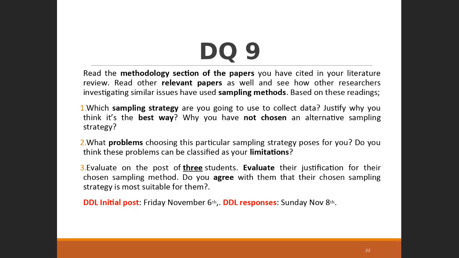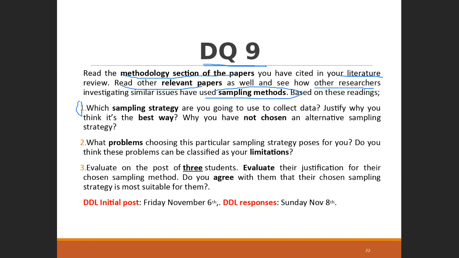Okay, so let me continue with the discussion question. This week's discussion question: you're required to read the methodology section of the papers you have cited in your literature. Read other relevant papers as well and see how other researchers investigated similar issues. They have used different sampling methods. So you are required to do three things here.